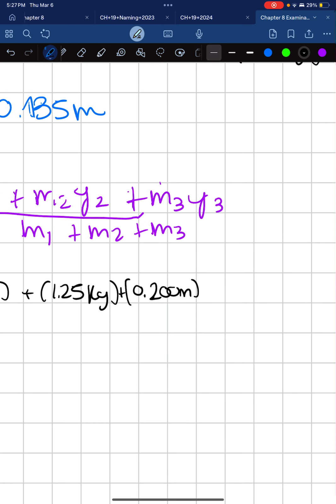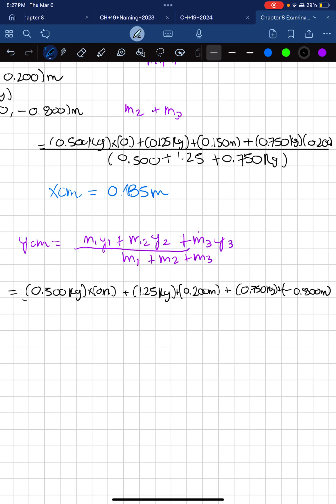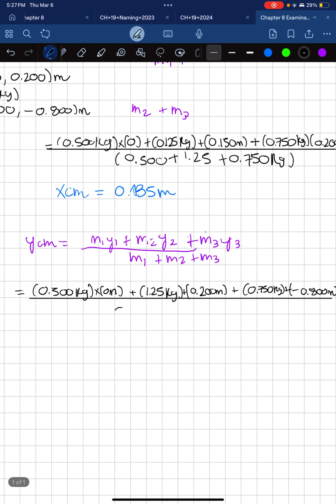And now for the last one, it's gonna be the mass and the meters, the y coordinate. Okay. And then over the three masses as well, just like we did before. So 0.5 plus 1.25 plus 0.750.